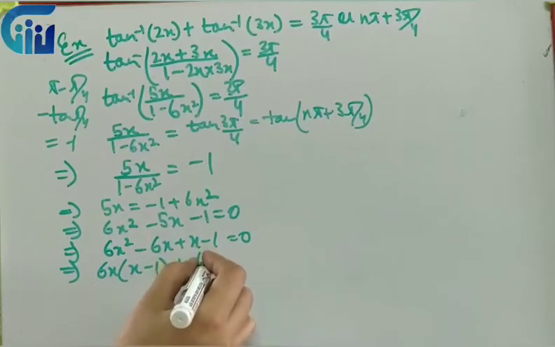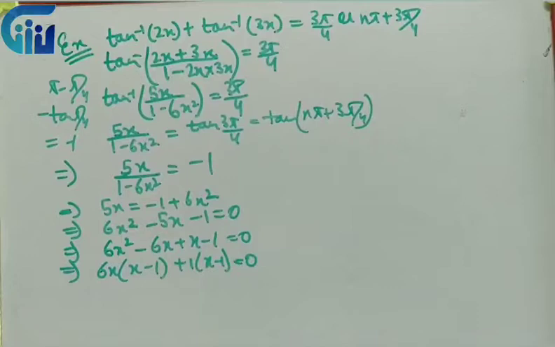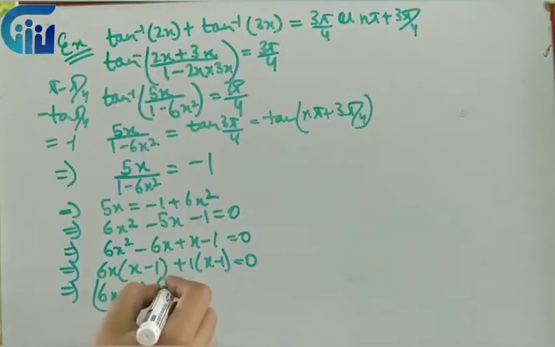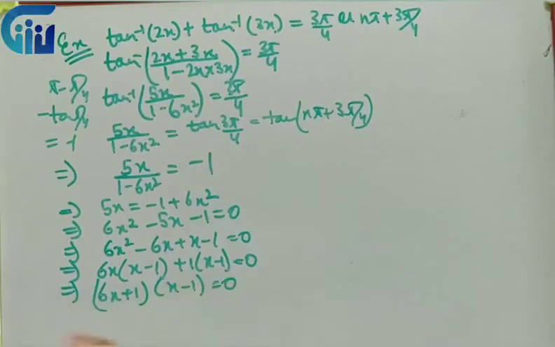Over here we will write x minus 1. Then again we will write the factors, so it will be 6x plus 1. Then x minus 1 is equal to 0. So my answer for x will be equal to minus 1 by 6 or 1. Right? Now we have two solutions.